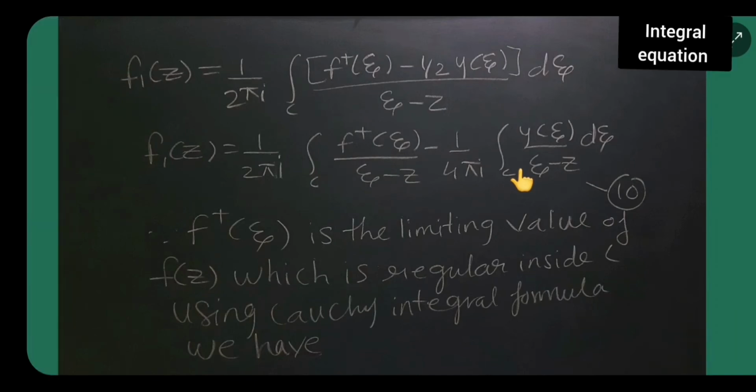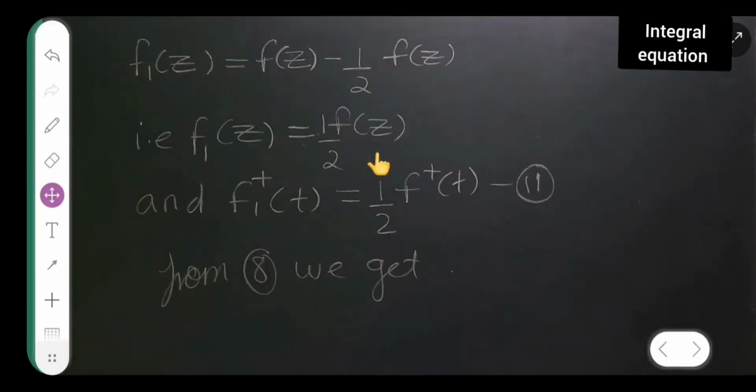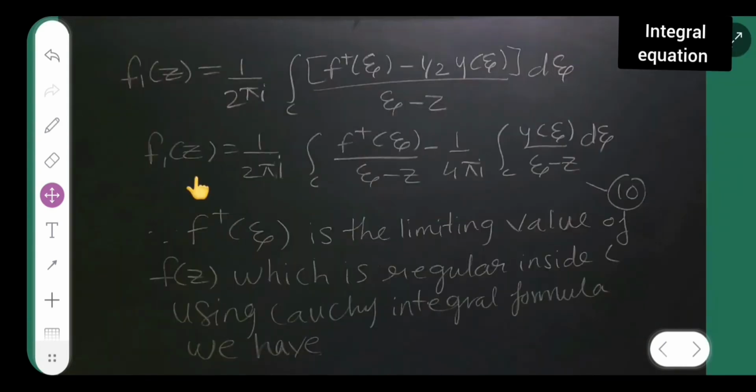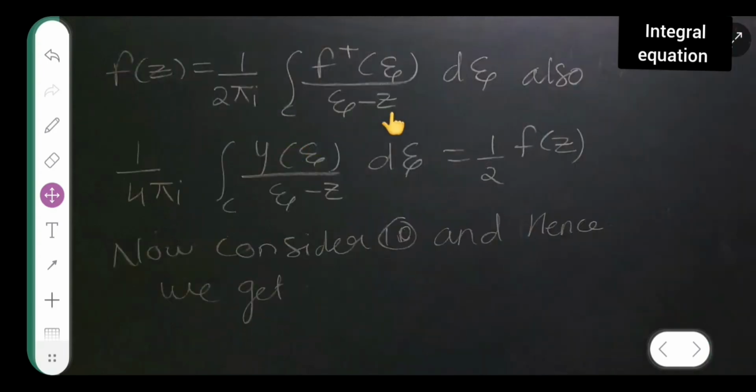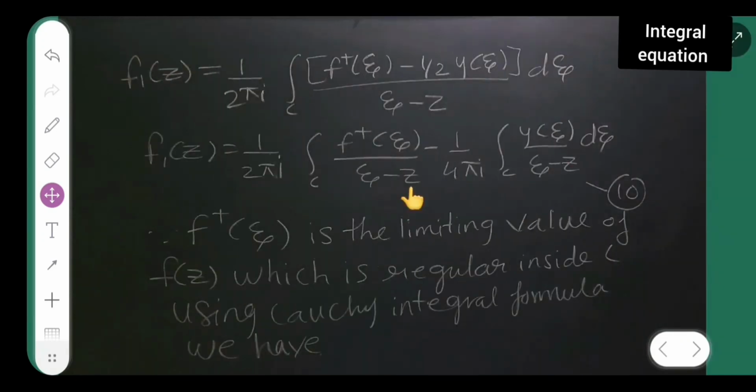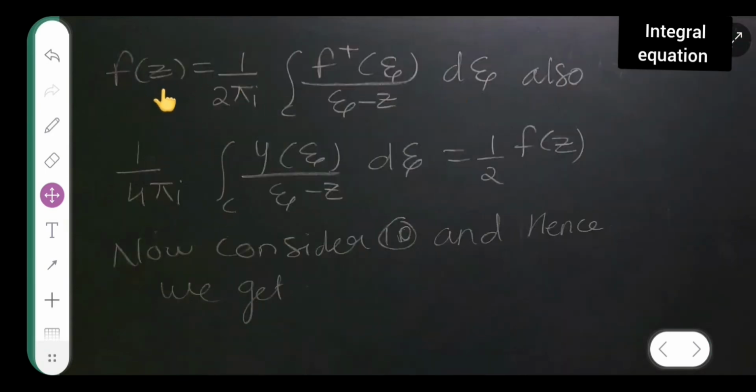Okay, I'll turn the page now and I will start substituting this part. Right, f1 of z as it is, okay? Here f1 of z is equal to, what was there here? 1 upon 2 pi integral from this f plus of xi upon xi minus z dxi, right? Yeah, and it is nothing but f of z.